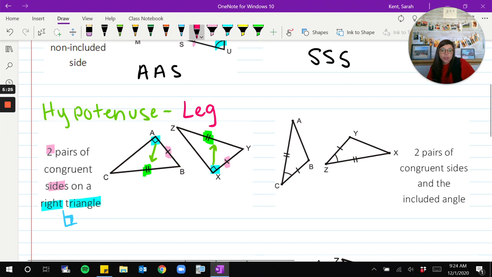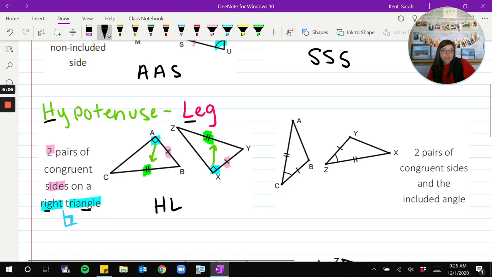So if we have a right triangle, we check: are the hypotenuses congruent, and is there a leg that is congruent? Here we have the short leg, here we have the short leg. So this is hypotenuse, leg. Again, I can take the first letters and put H, L. This only works if you have a right triangle. You have to have that little square.